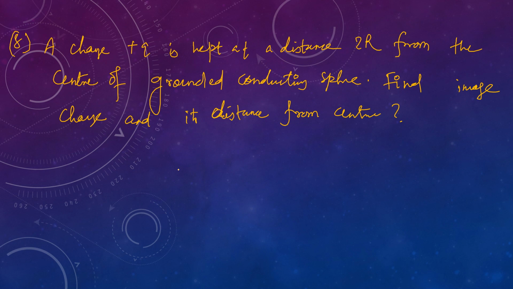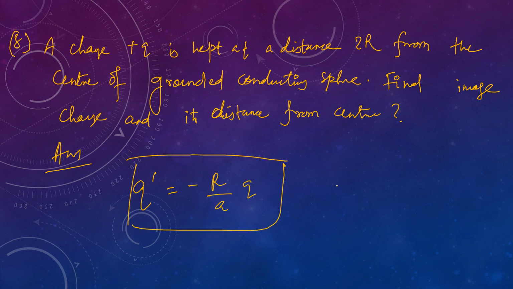Alright. In these questions, there are two formulas. You just have to remember these two formulas. Write down the formula: q dash will be minus r by a times q, and the magnitude of distance b will be r square by a.